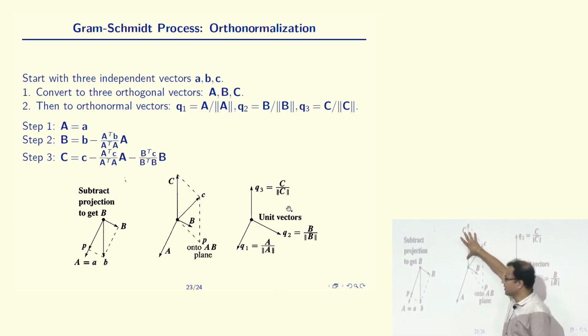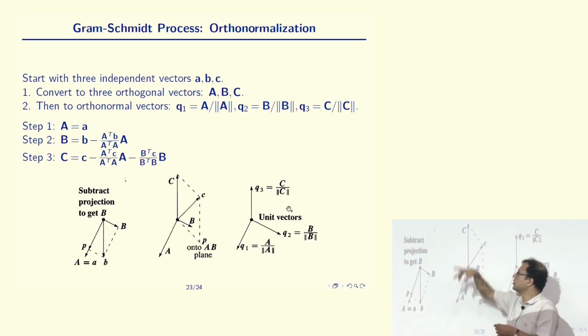This plane is generated by A and B. Now when you consider the small c, you consider the projection of small c on this plane. Then you consider the error corresponding to that. That error term is perpendicular to the span generated by A and B, so that error term we will be considering here.